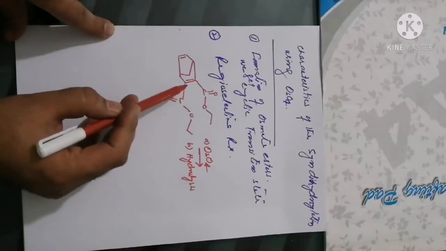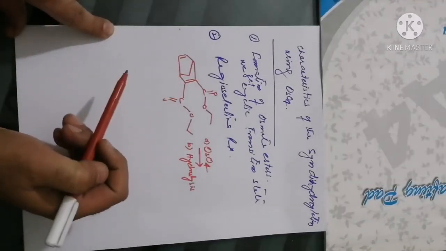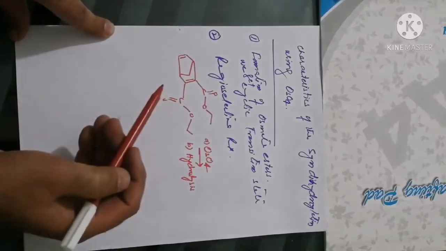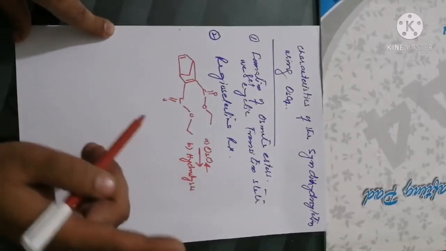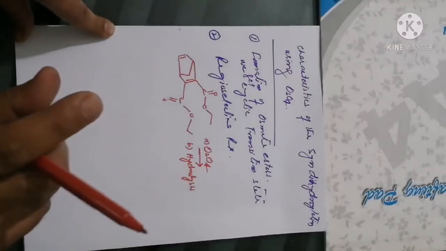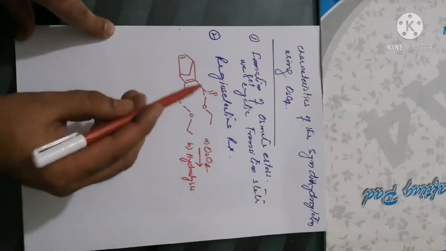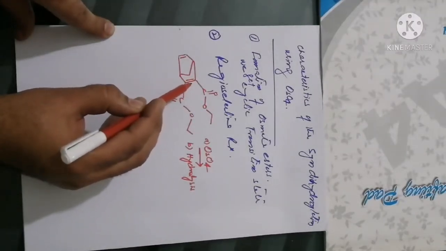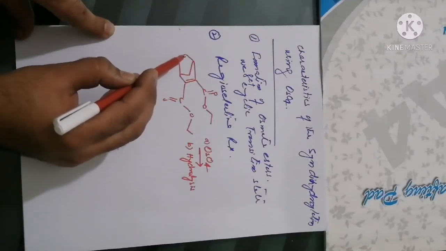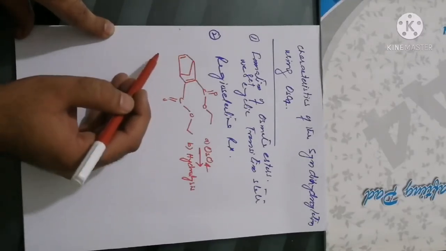Here you can see that there are two double bonds. Which double bond will react? We know that we will get the syn dihydroxylation. We will get diols, and those hydroxy groups will be on the same side. Whether this olefinic double bond will react, or this other one, think over it.